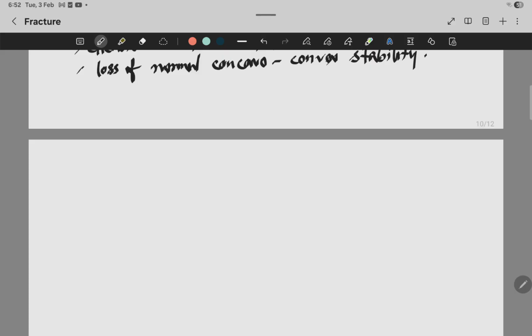Next we'll go to the clinical features of shoulder dislocation. Firstly there will be severe pain. Okay, the pain will be exaggerated along with the dislocation. Next, there is loss of shoulder contour.